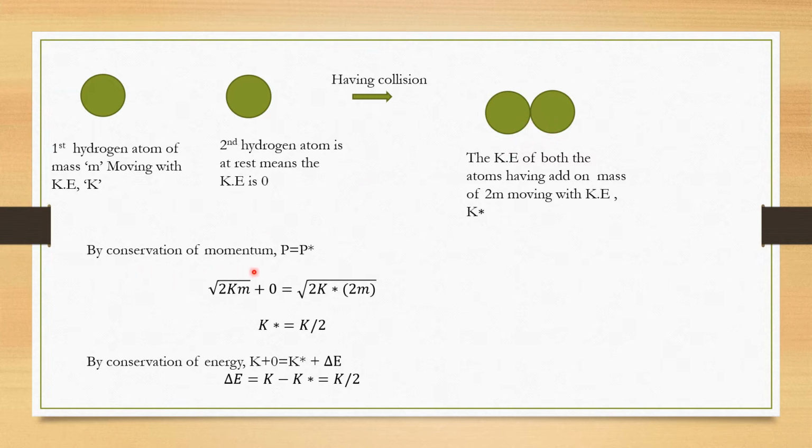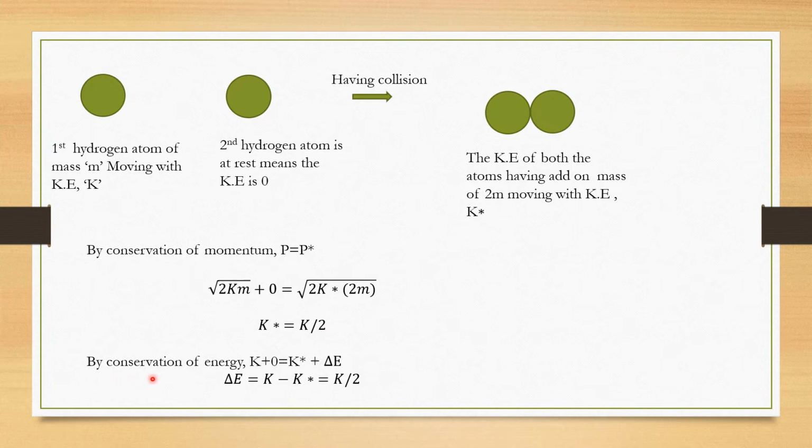By conservation of momentum we can find that P is equal to P star, which is root over 2km plus 0 is equal to root over 2 k star 2m. Here the 0 means it is in stationary state. So k star will be k by 2.